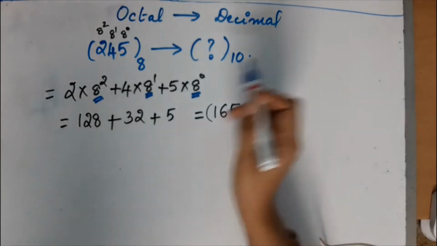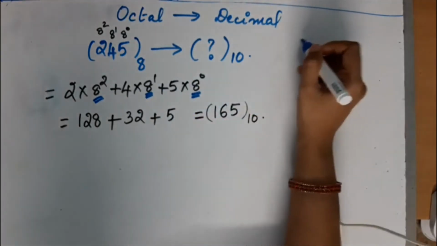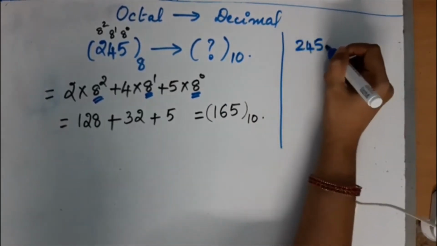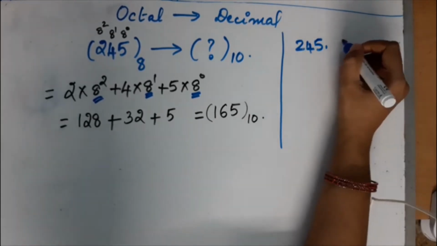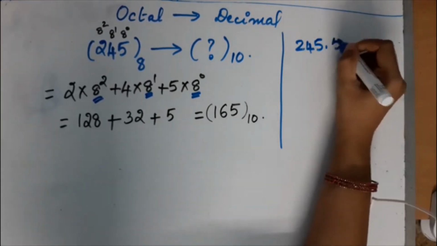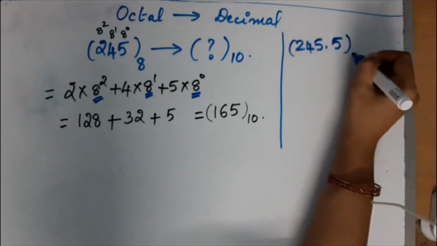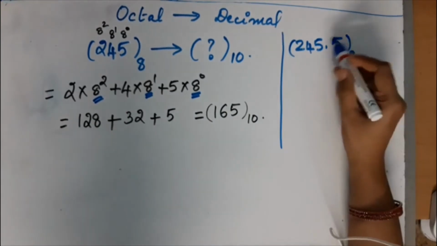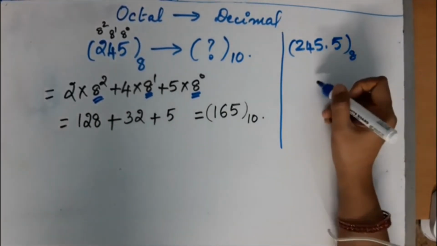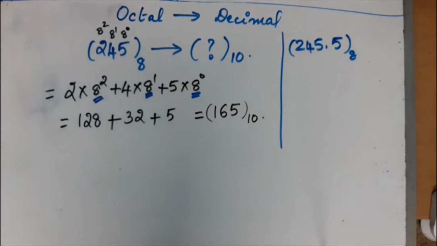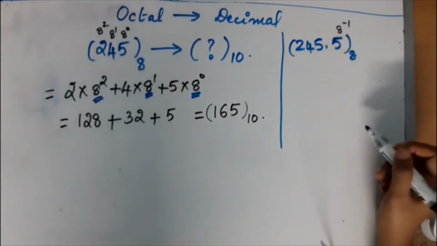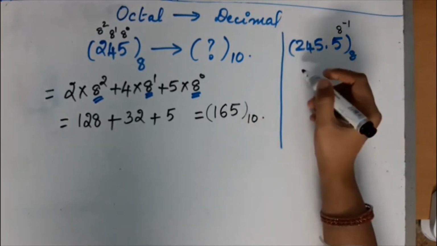So, together with this, if the question was, say, 245 point 5 to the base 8, how will we find this 0.5? That is 8 raised to minus 1. This has a weight of 8 raised to minus 1. 245 we have already found as 165.